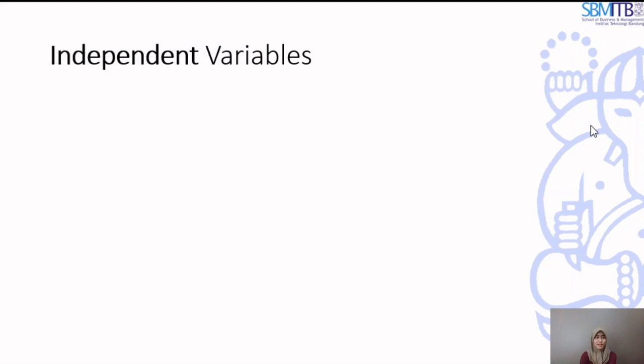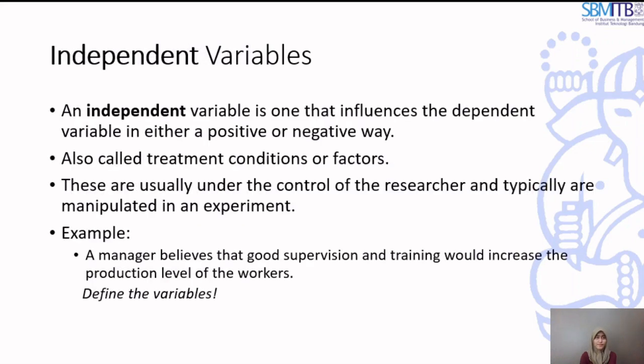And the next is the independent variable. An independent variable is the one that influences the dependent variable in either a positive or negative way. Also, it is called a treatment condition or factor. It is usually under the control of the researcher and typically is manipulated in an experiment.